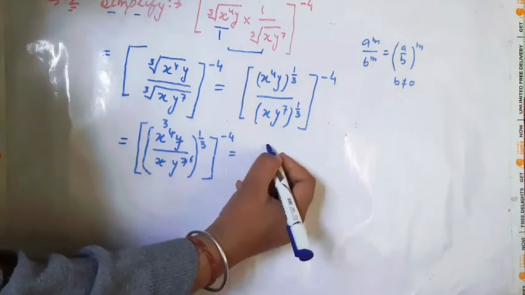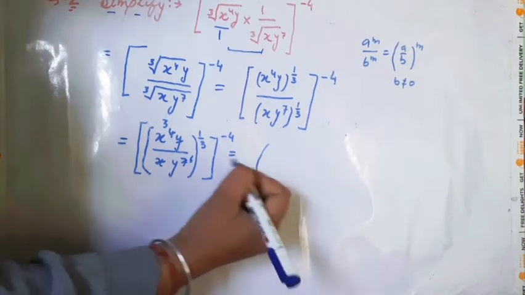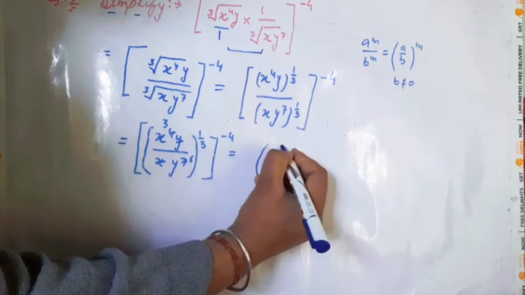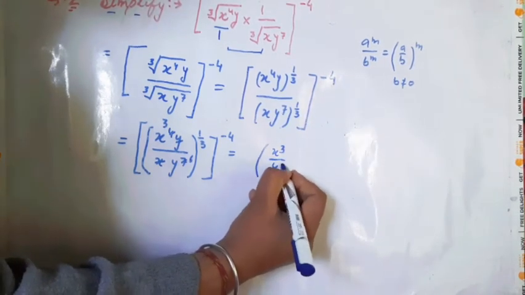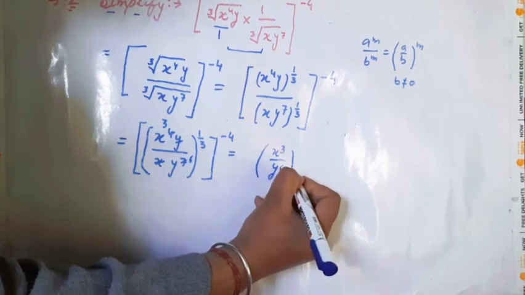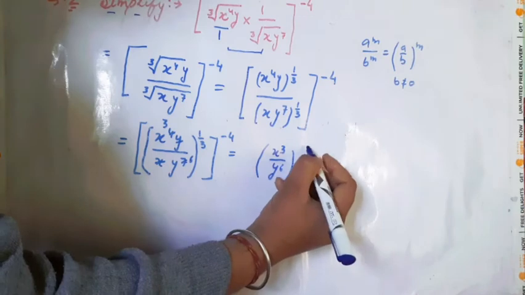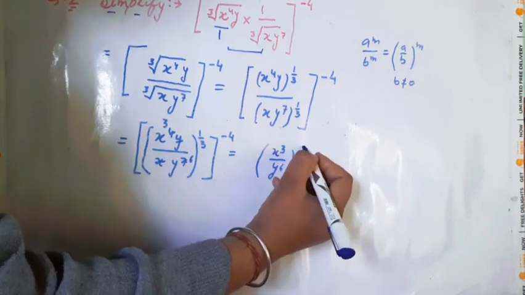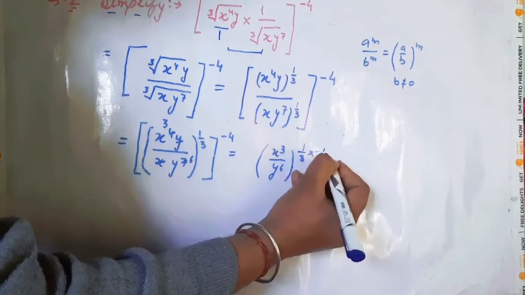So inside the bracket we have x raised to power 3 whole divided by y raised to power 6, and here powers will be multiplied, so this will become 1 upon 3 multiplied by minus 4.